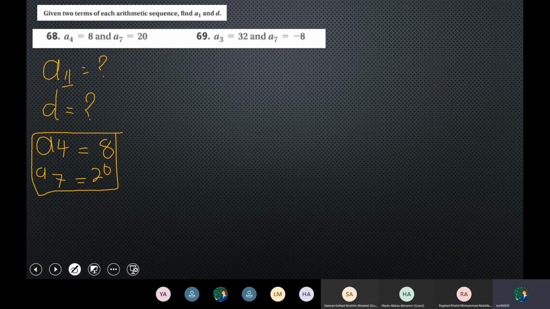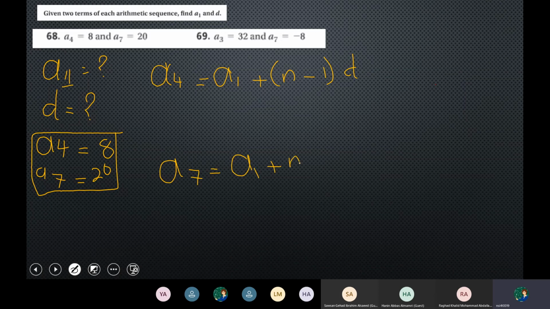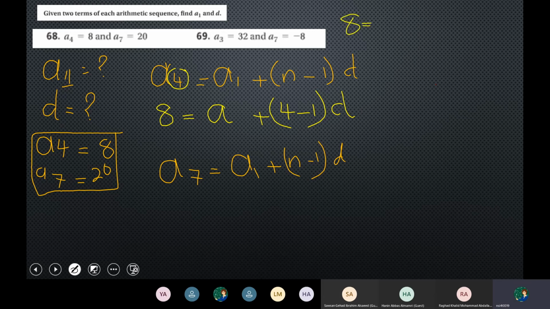The procedure I have to use: A sub 4 is A sub 1 plus n minus 1 times D. And I also use A sub 7, which is A1 plus n minus 1 times D. Now, A sub 4 is 8, equal to A sub 1, which I don't know, so keep it as A, plus n, which is 4, minus 1 times D. So 8 equals A plus 4 minus 1, which is 3.